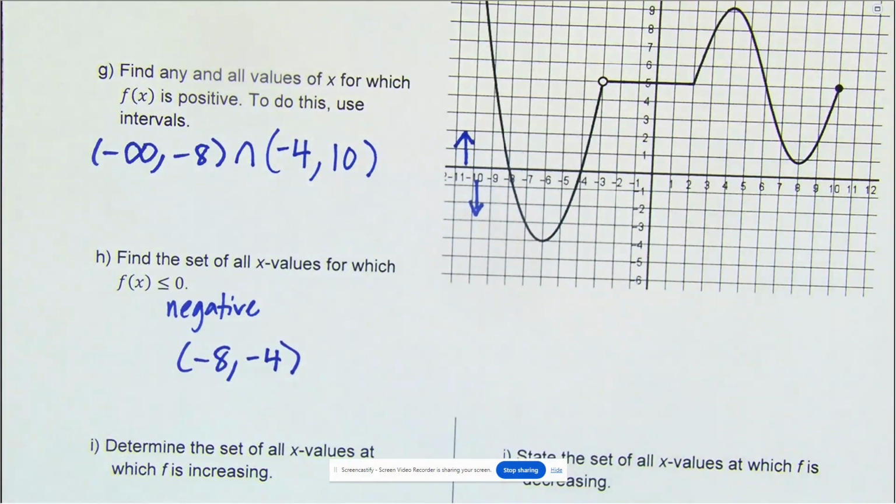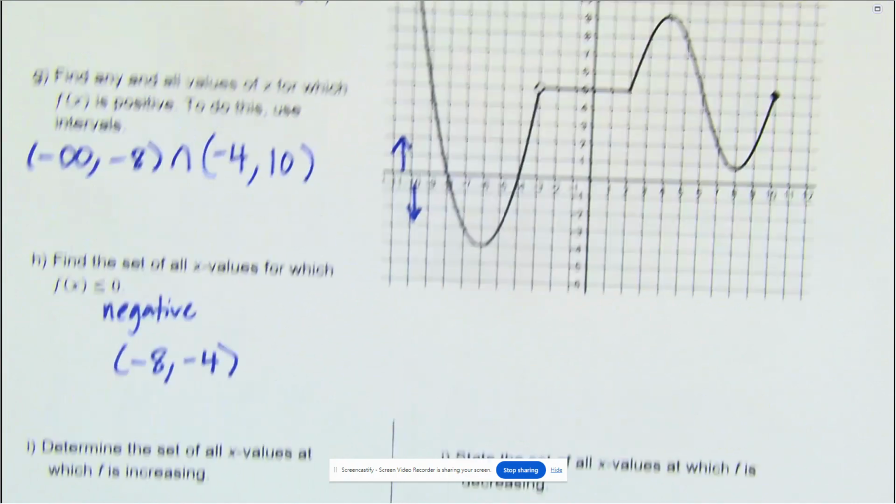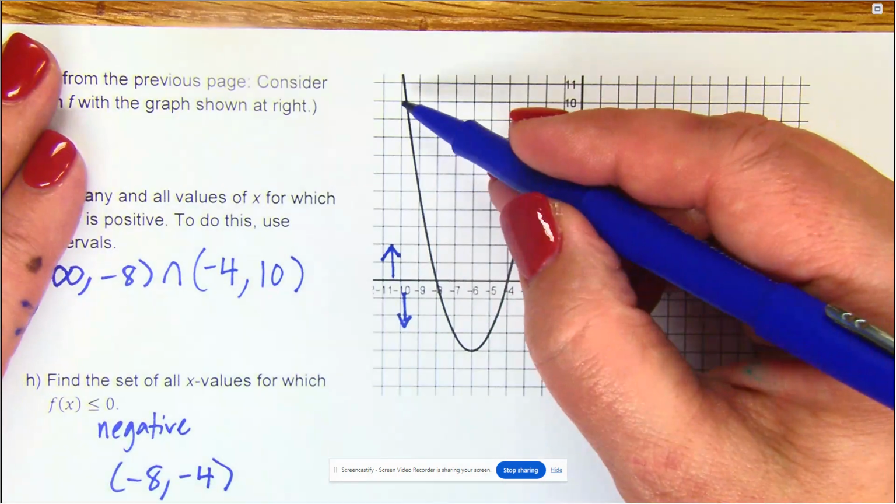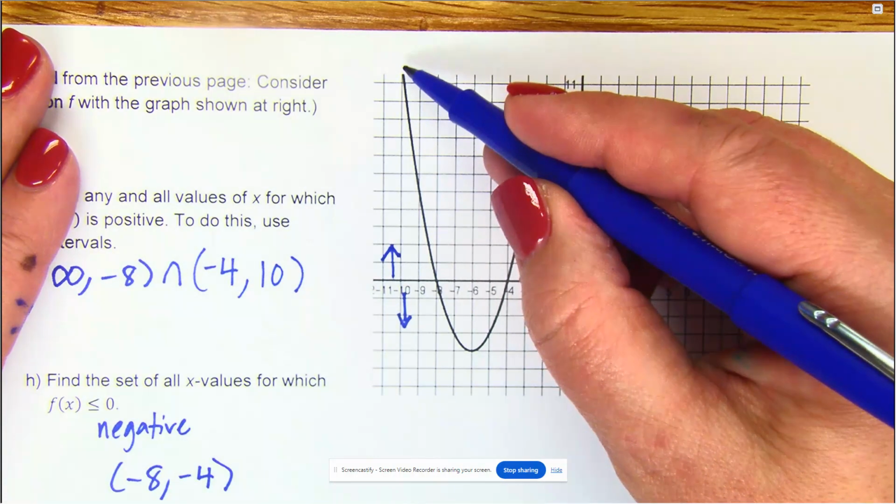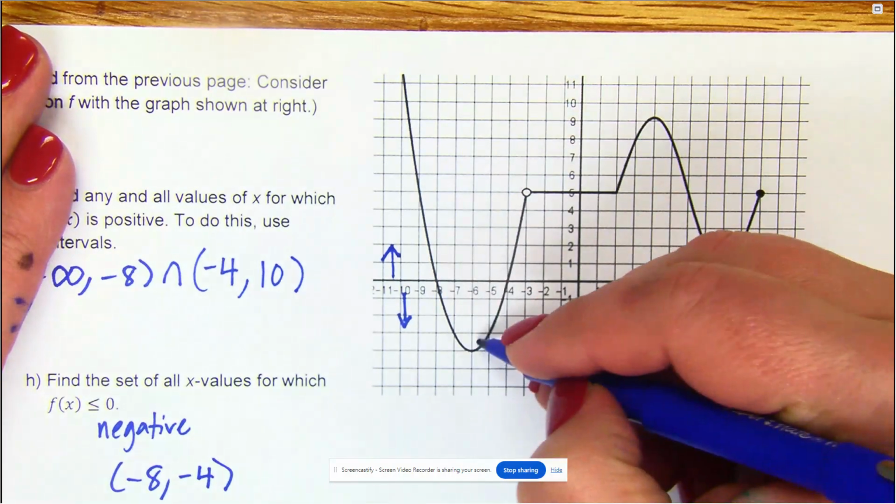Determine the set of all x values at which f is increasing. So you read a graph from left to right. So it's decreasing, but it's increasing right here.